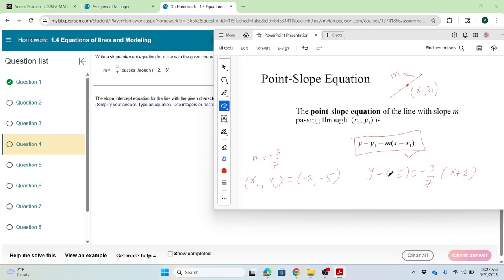So that's the point slope form. From here we would like to write the equation in slope-intercept form, so we need to distribute and simplify. Y plus 5 equal negative 3 over 7 x. If you distribute, negative times positive is negative. 3 times 2 is 6 over 7.